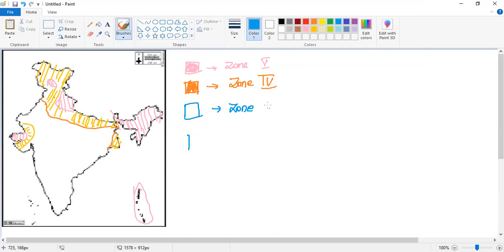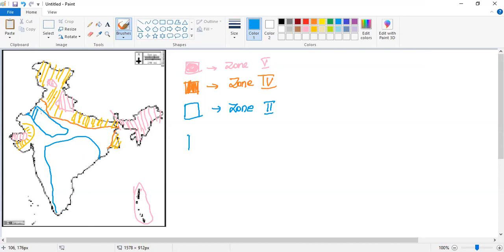Zone 2 is not that active. Most parts of South India fall under the zone 2 region. And then some portions of my Rajasthan belt also fall under zone number 2.